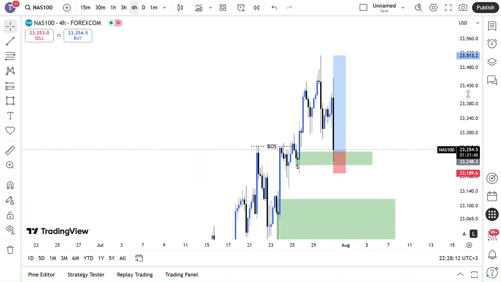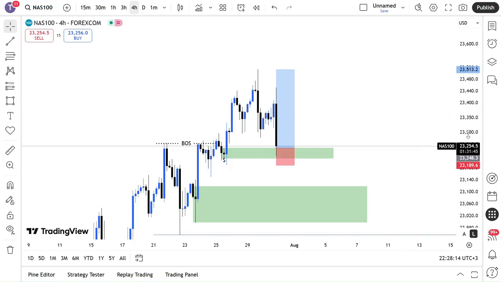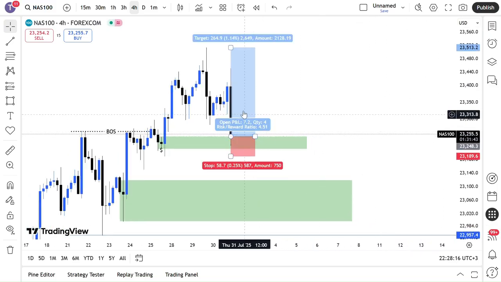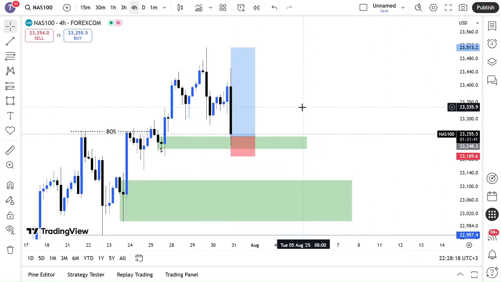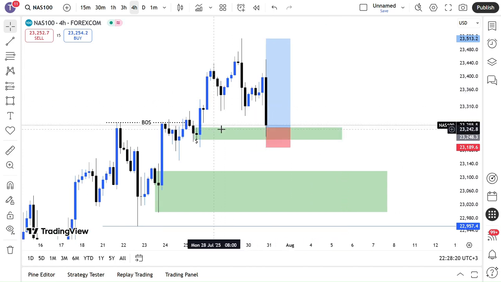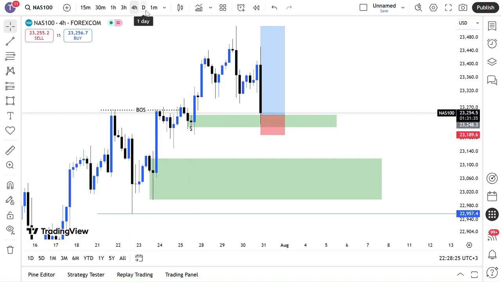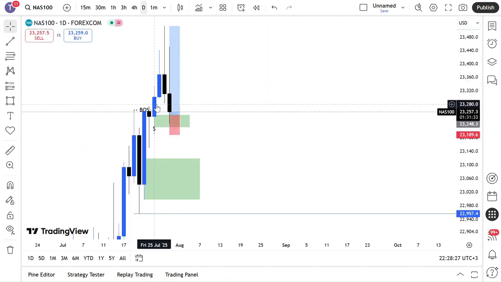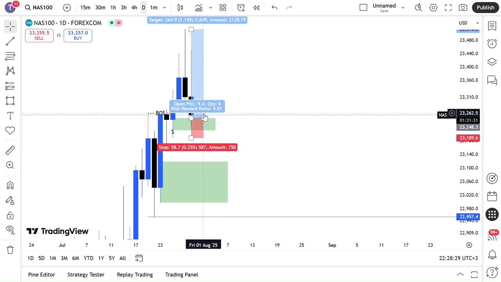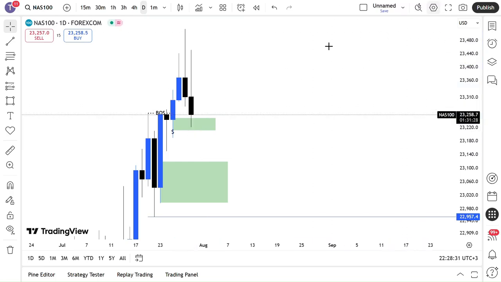That is NAS 100. This selling pressure is giving me doubts, but I think this is the best setup from there. Now from the daily time frame, let me delete this first.